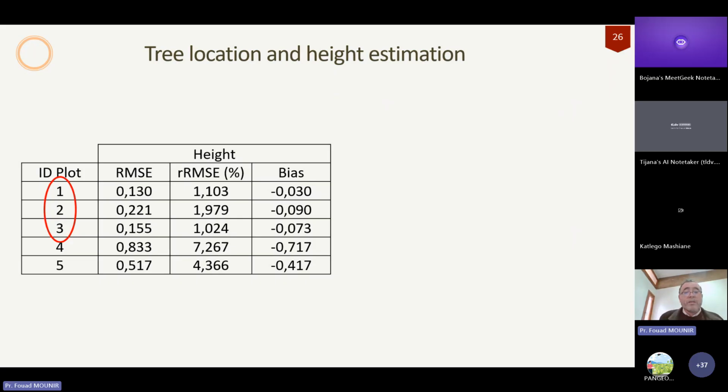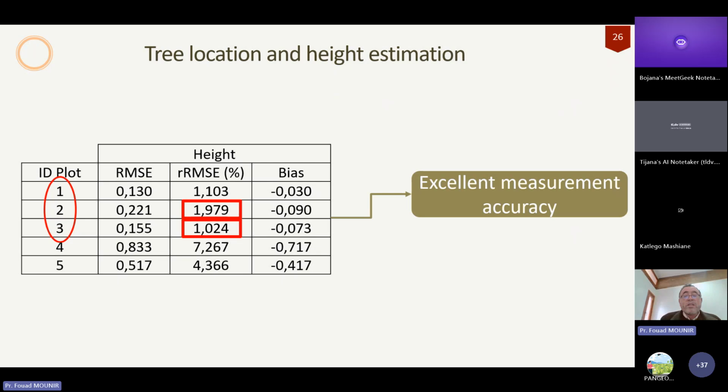Then we can see here that in plots 1, 2, and 3, in which we used both TLS and ULS data, the accuracy was very high. The relative RMSE was very good.